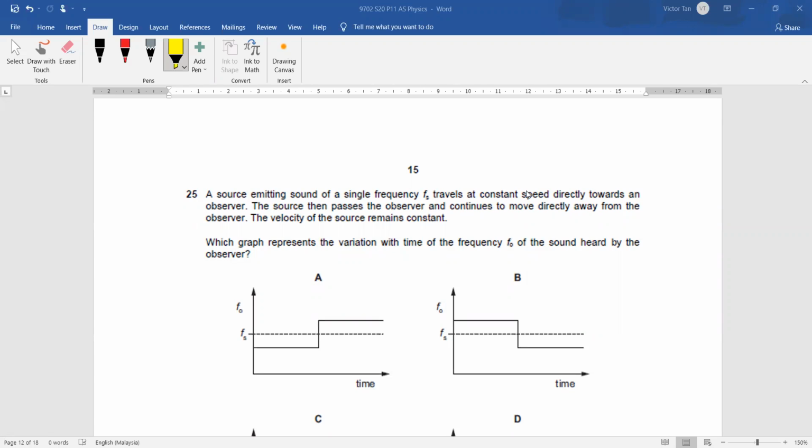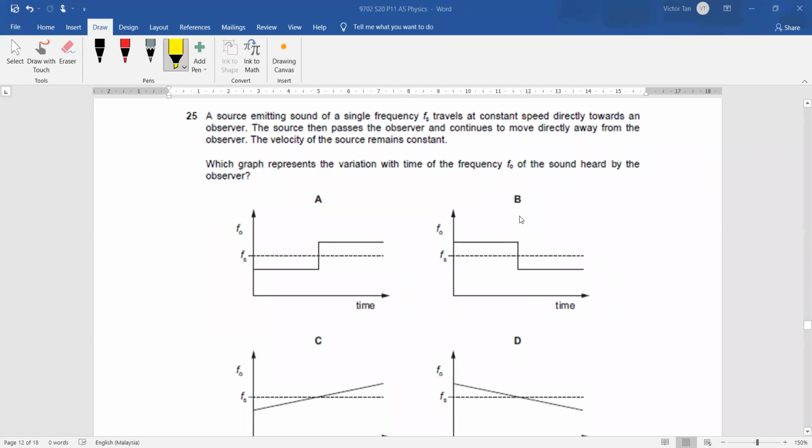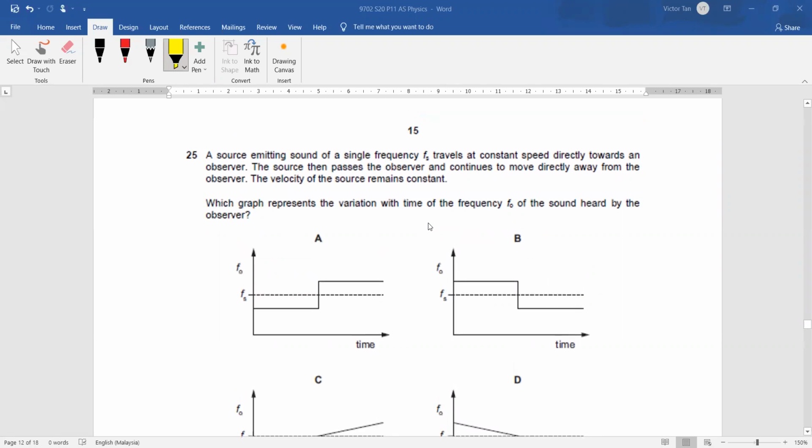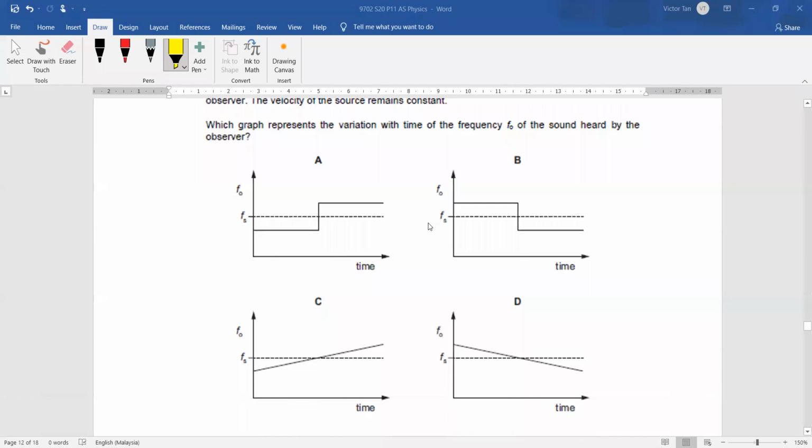A source emitting sound of a single frequency travels at constant speed directly towards an observer. The source then passes the observer and continues to move directly away from the observer. The velocity of the source remains constant. Which graph represents the variation with time of the frequency of the sound heard by the observer?